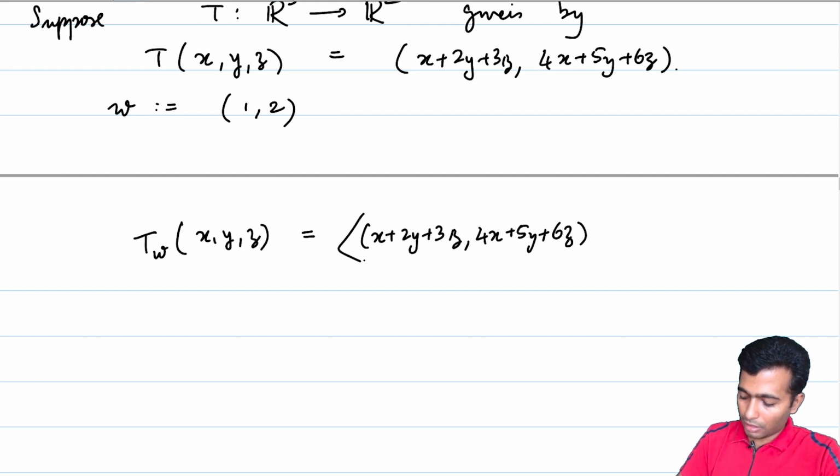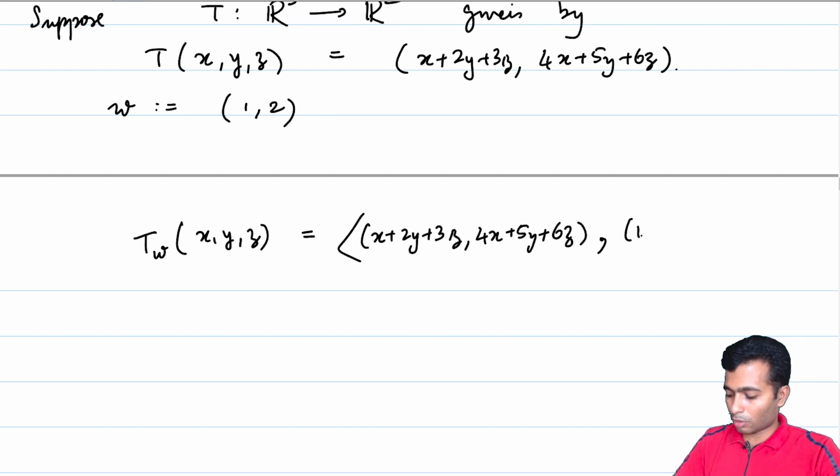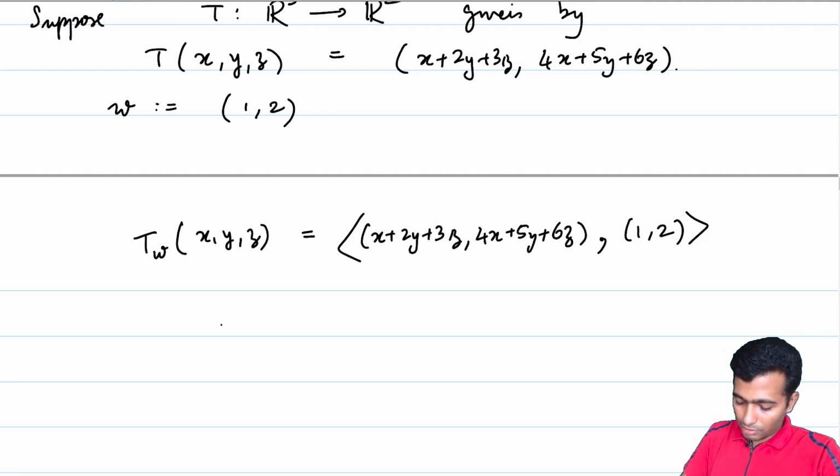This vector's inner product with w, which is (1, 2), is equal to x plus 2y plus 3z times 1 plus 2 times 4x plus, so I will write it down directly.